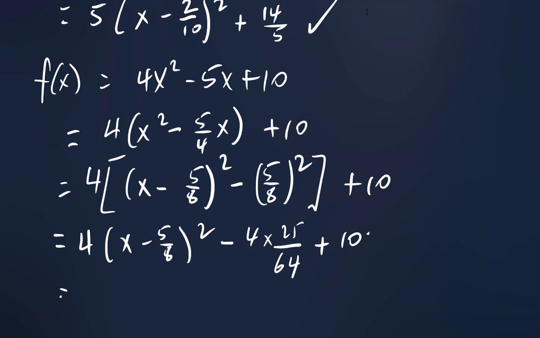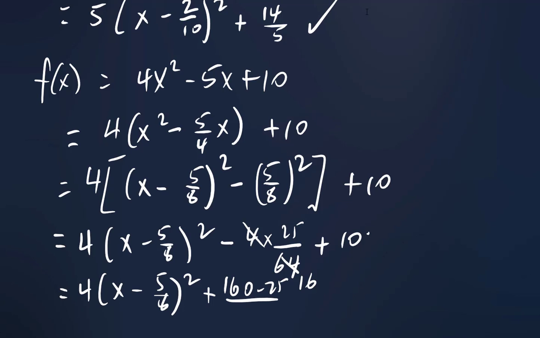Okay, so that becomes 4 factoring x minus 5 over 8 squared, 16 here. Okay, but 16 times 10 is 160, so plus 160 minus 25 over 16. Otherwise we can rewrite is equal to 4 factoring x minus 5 over 8 squared plus 135 over 16.